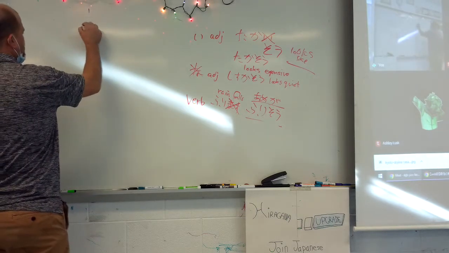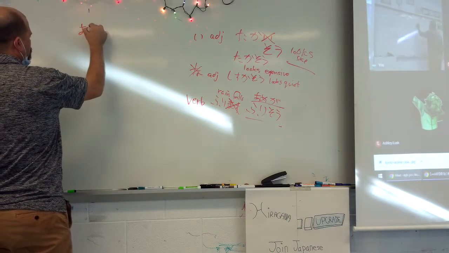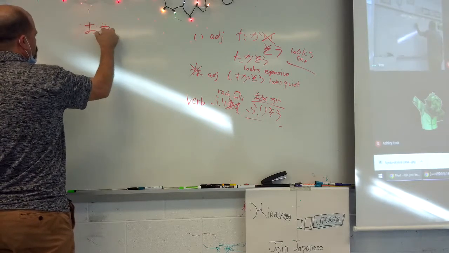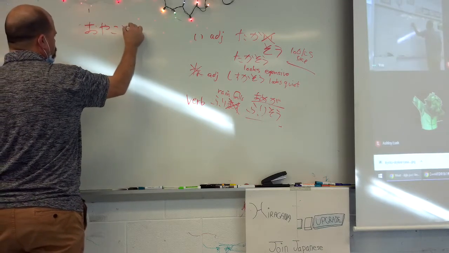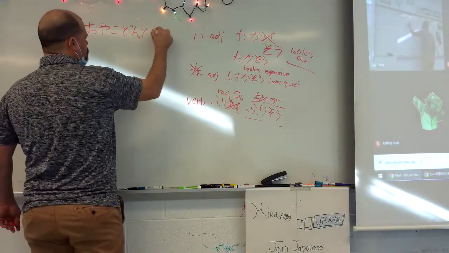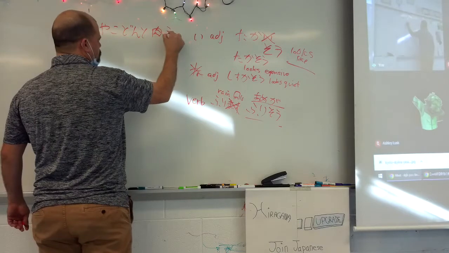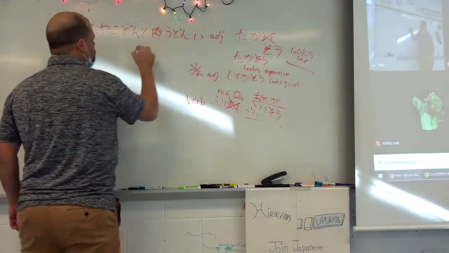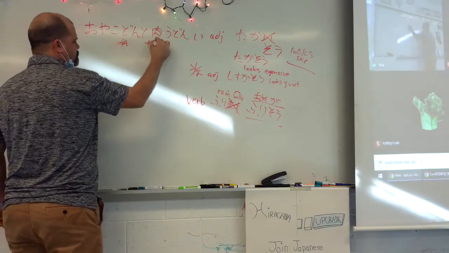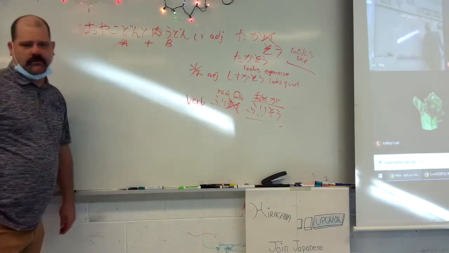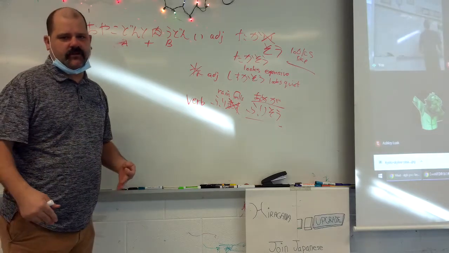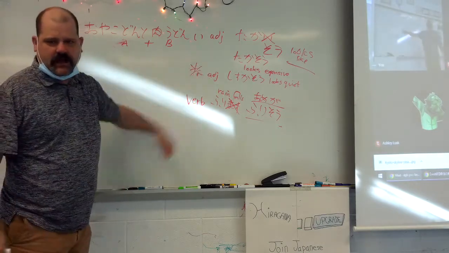So if he were to say, oyakodon to niku udon, this just means A plus B. It's very neutral. Okay? It has no feeling other than you're just adding two things together. So I'm going to have A and B, right?